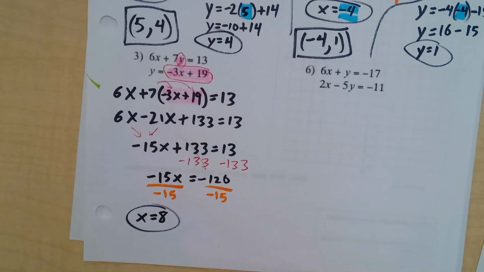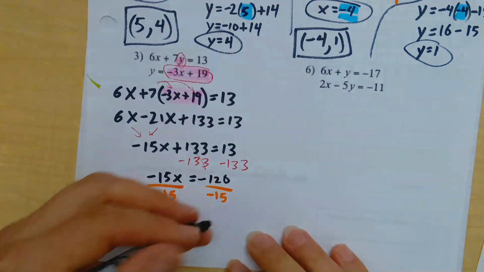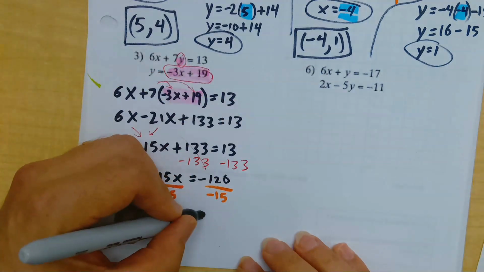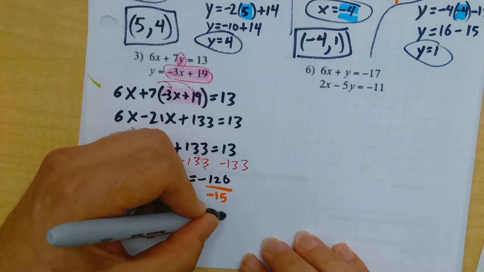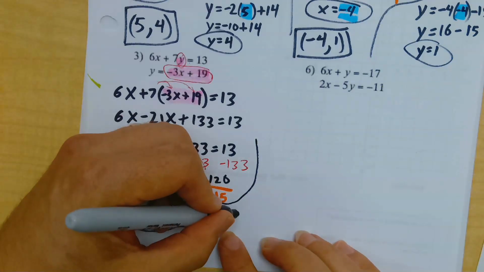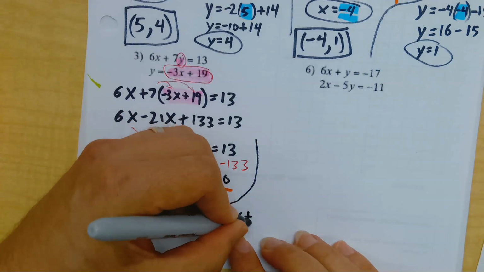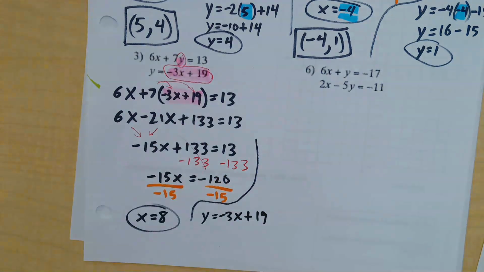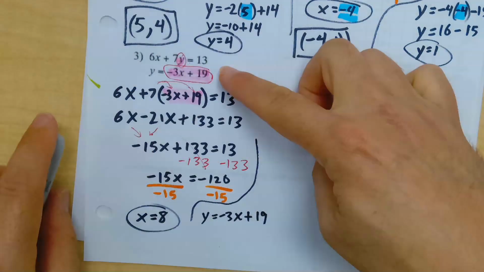Okay, and now we're going to solve for y. So we know y is equal to negative 3x plus 19, right? Let's just put it on here. That's the equation right here.